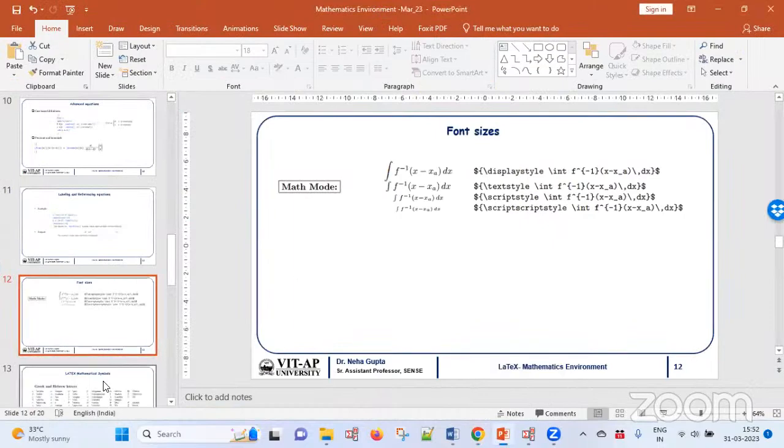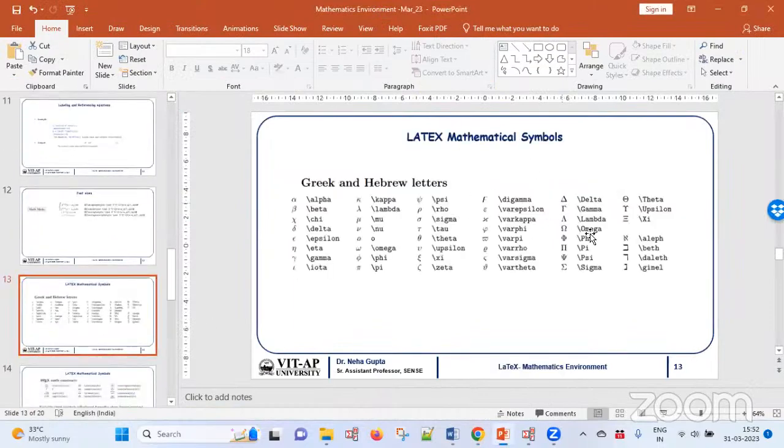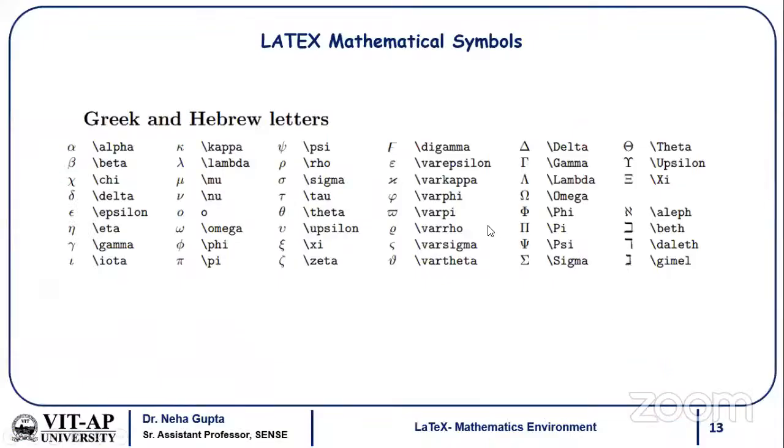After the font size, I'll come to the mathematical symbols. For Greek and Hebrew letters, we mostly use these symbols in mathematical expressions, like alpha, beta, delta, gamma, eta, pi, phi, mu, lambda. All these symbols we are using.